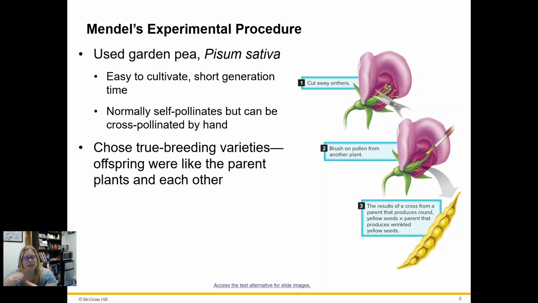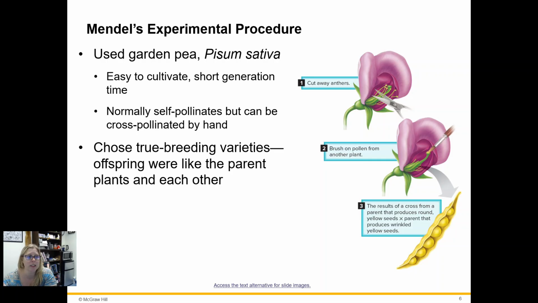This means that Mendel was able to control who was making babies with who in his pea garden, because he was the one who had to physically open the flowers. What he would do is remove the pollen-producing parts called anthers, and then use that to pollinate the female part of another flower on a different plant, and see what happened when he planted their offspring, when those seeds were formed, okay?